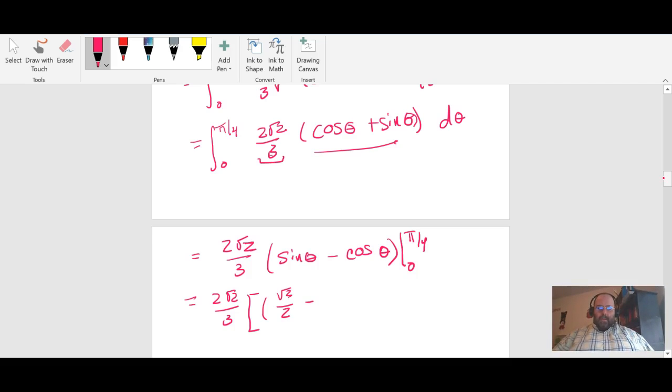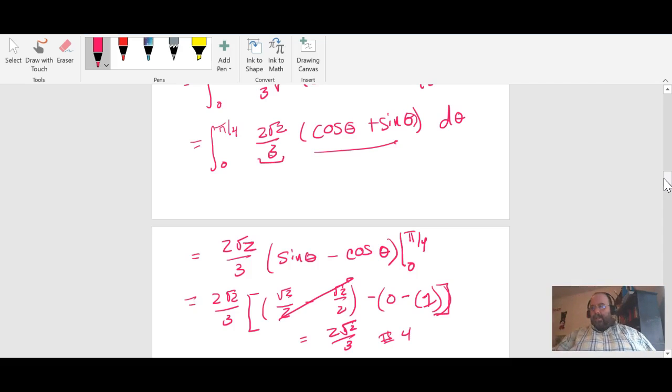The cosine of pi over 4 is root 2 over 2. The sine of 0 is 0. The cosine of 0 is 1, so negative negative 1, or positive 1, minus positive 1. So this goes to 0, this goes to 1, so this just works out to 2 root 2 over 3. So this is number 4.